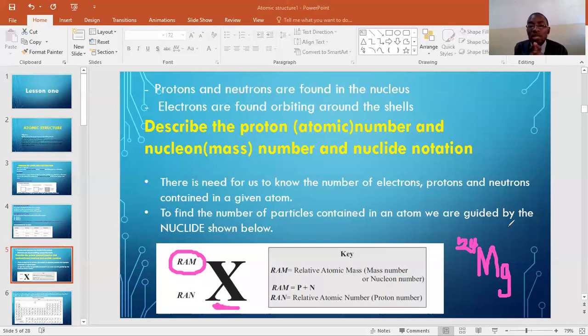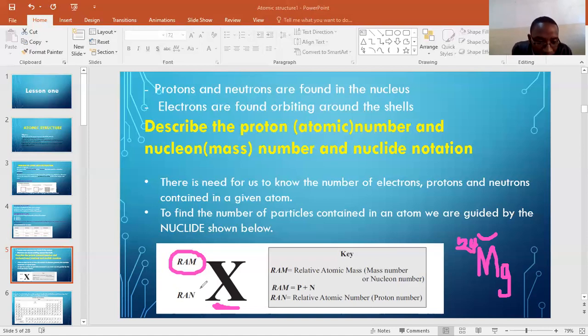We're going to use the information that we are currently discussing to help us understand the meaning of those numbers when we go on the periodic table. The number that you see on top of this element, which is a 24, is the mass number of that particular atom. So it's the mass number, it's a nucleon number, it's the relative atomic mass.